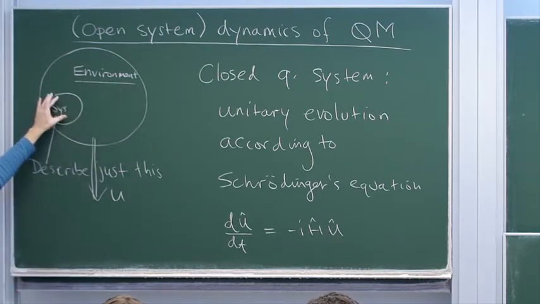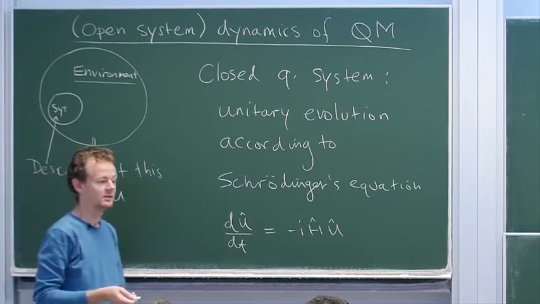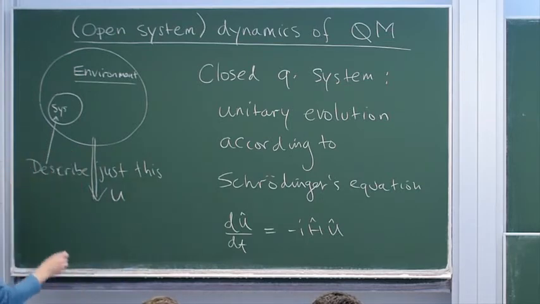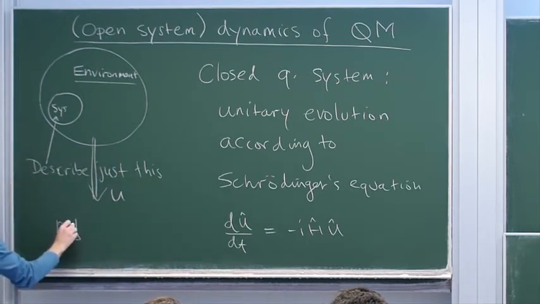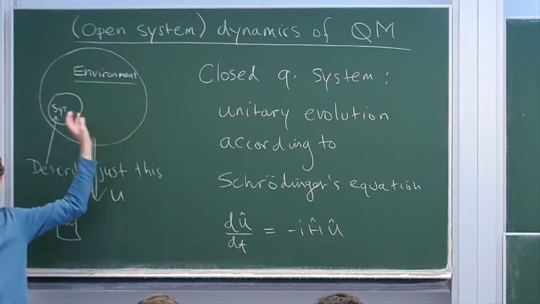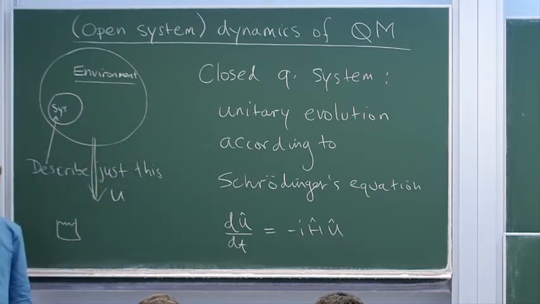Just think about this system being a cup of water on the table, which is interacting with the electromagnetic field, and particles are coming into the cup of water, particles are coming out of the cup of water as they evaporate, and impurities are being absorbed onto the surface and so on. So the cup of water by itself is something we might want to describe by itself without having to deal with the rest of the environment. I think that's a reasonable thing to want to do.